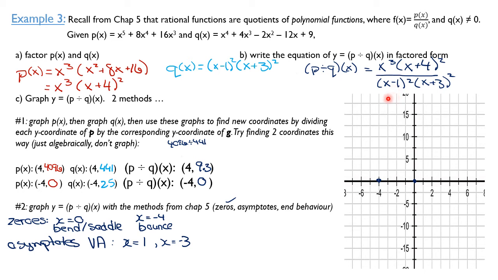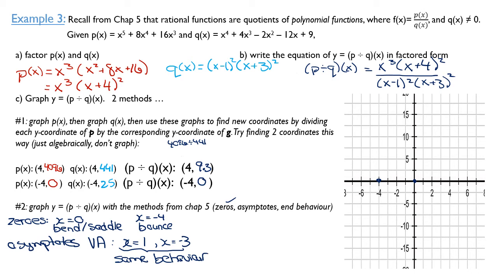So if I draw an asymptote here at x equals 1, either both sides are going up on their side of the asymptote, or they're both pointing down. So this means they have the same behavior, same end behavior.